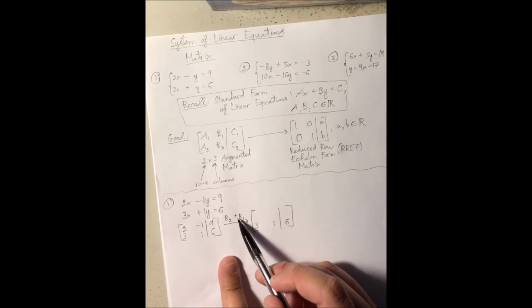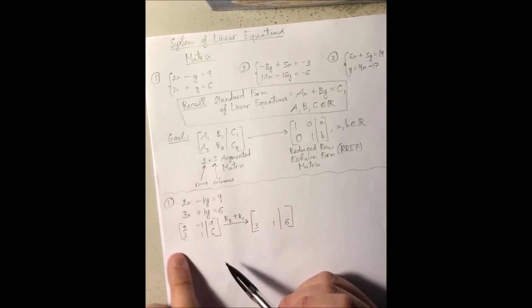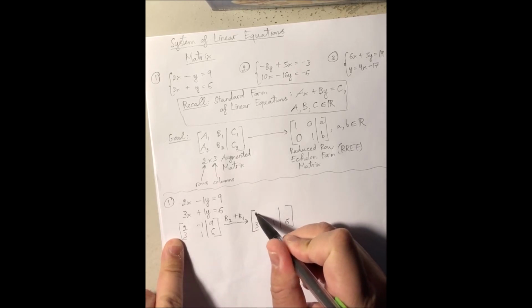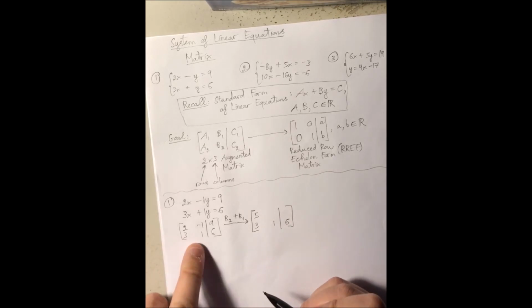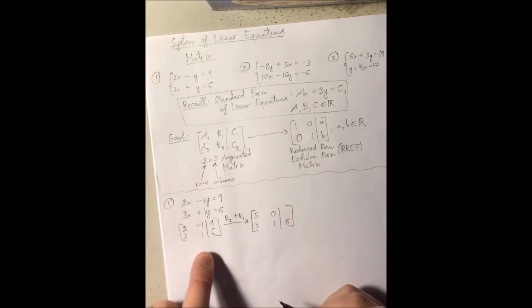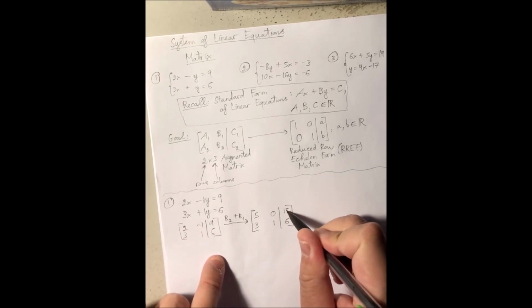So row 2 added to row number 1, we just have to add them respectively. So 3 in row 2, add 2, that's going to give us 5. Positive 1 in row 2, add to negative 1 in row 1 is going to give us 0. And 6 in row 2, add to 9 in row 1 is going to give us positive 15.